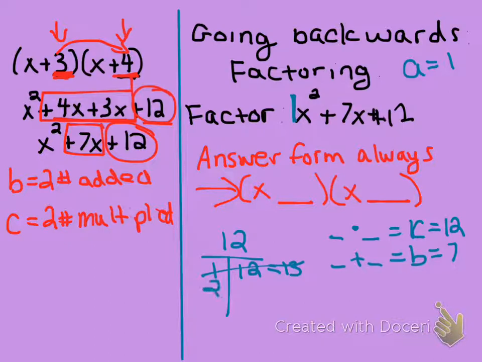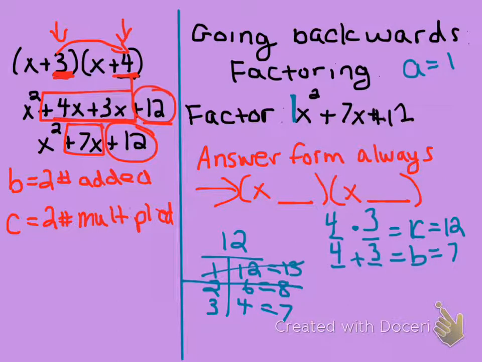12 divided by 2 would be 6, but 6 plus 2 equals 8. So that can't be it either. 12 divided by 3 gives me 4, and 3 plus 4 equals 7. Those are my two numbers. That means 4 times 3 gives me 12, 4 plus 3 gives me 7.